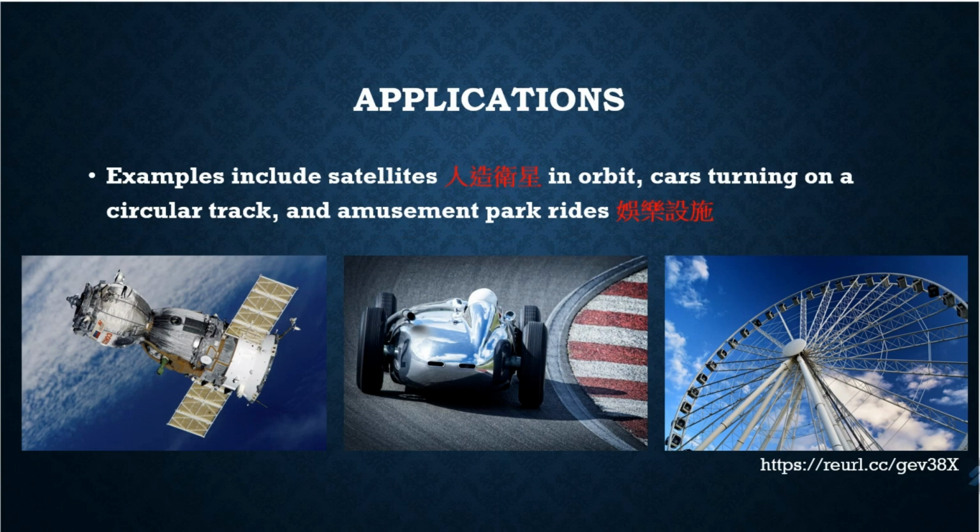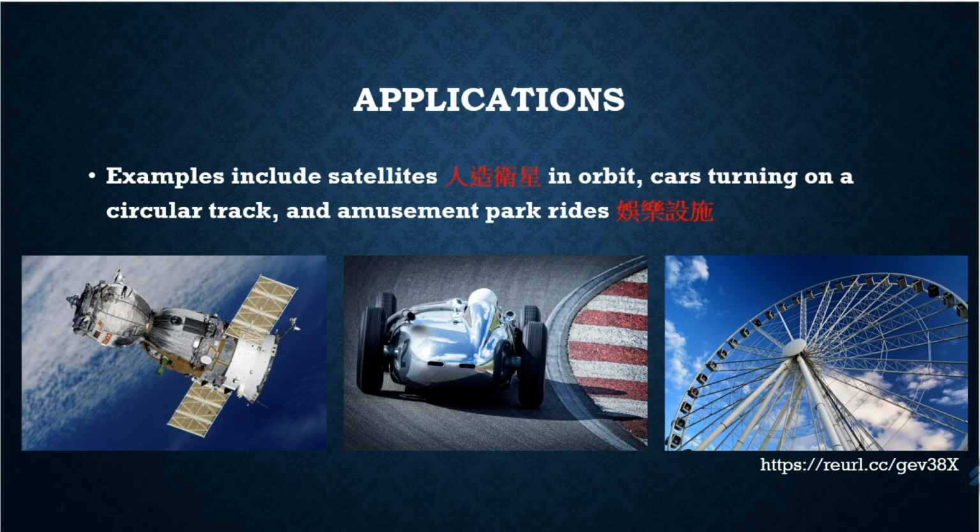Let's talk about some real-life applications. One example is satellites orbiting the Earth. Their motion closely resembles uniform circular motion, where the gravitational force acts as the centripetal force. Another example is cars turning on a circular track.